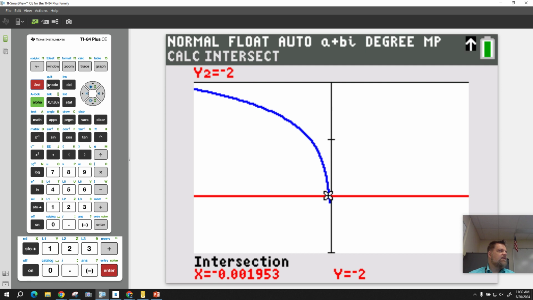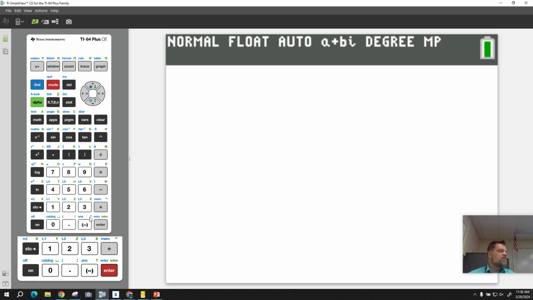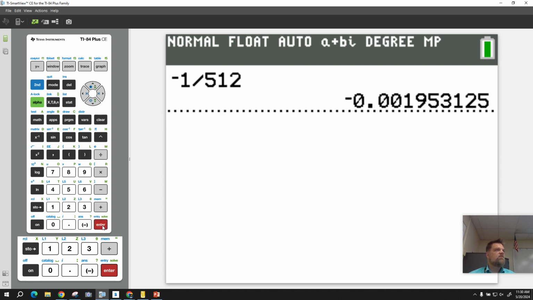Then if I go back and say -1 divided by 512, I'll get the same decimal. You guys see that?